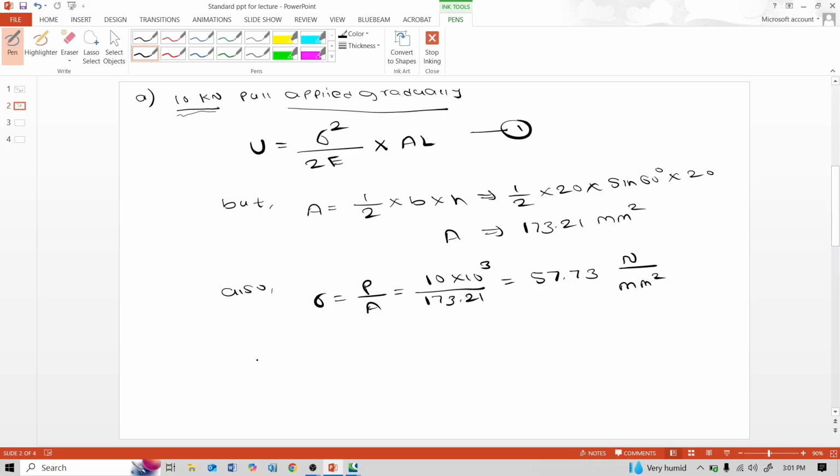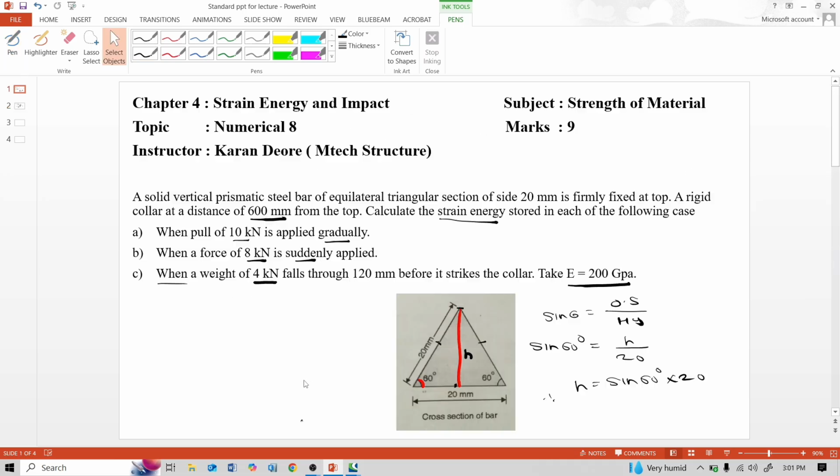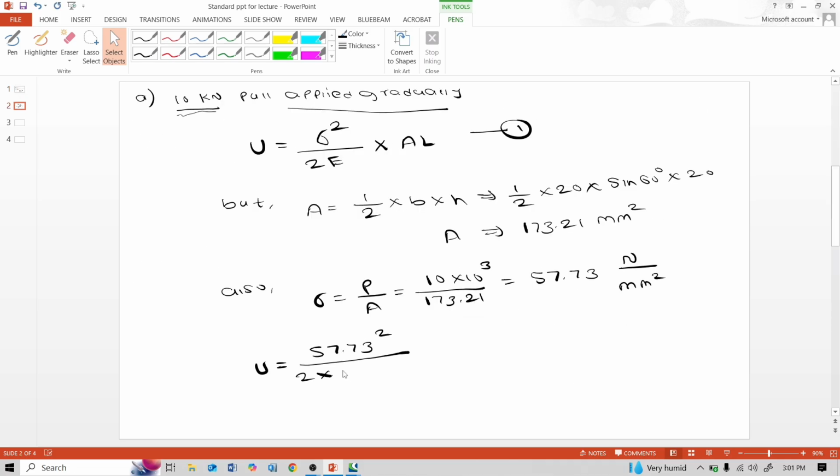So strain energy U is equal to stress 57.73 square divided by 2 into modulus of elasticity, which is 200 GPa, that means 200 into 10 raised to 3 MPa, multiplied by area 173.21 and length 600 mm.